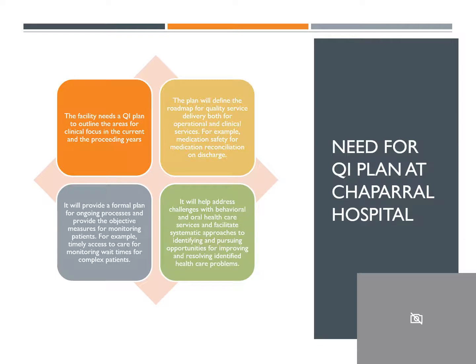It will provide a formal plan for ongoing processes and provide objective measures for monitoring patients. For example, timely access to care for monitoring wait times for complex patients. It will also help address challenges with behavioral and oral healthcare services and facilitate systematic approaches to identifying and pursuing opportunities for improving and resolving identified health problems.